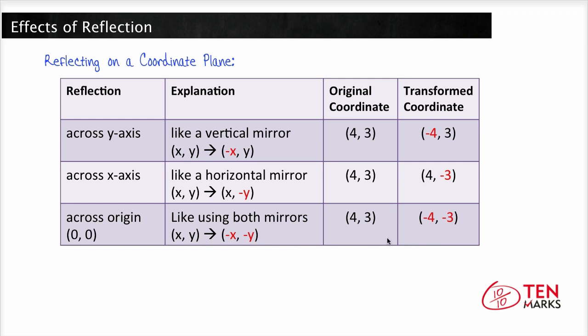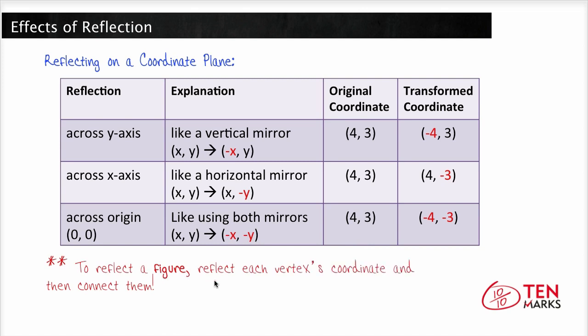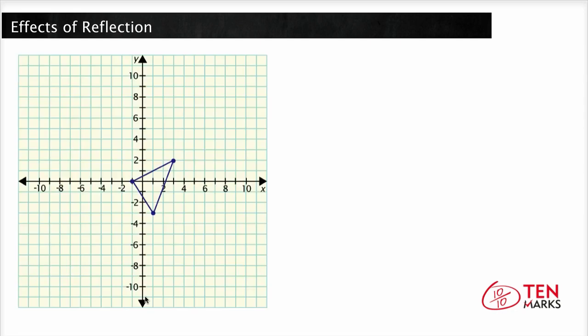This means that the transformed coordinates point is the same distance away from the x-axis as the original point was, and the same distance away from the y-axis as its original point was, just on the opposite side. Remember, to reflect a figure, you just need to reflect each vertex's coordinate and then connect them to create the image. Now let's try a problem.